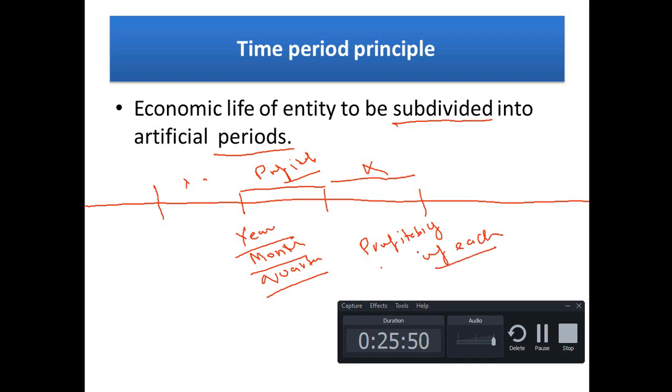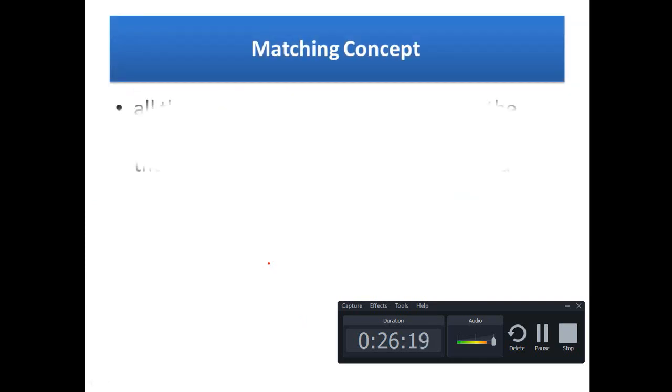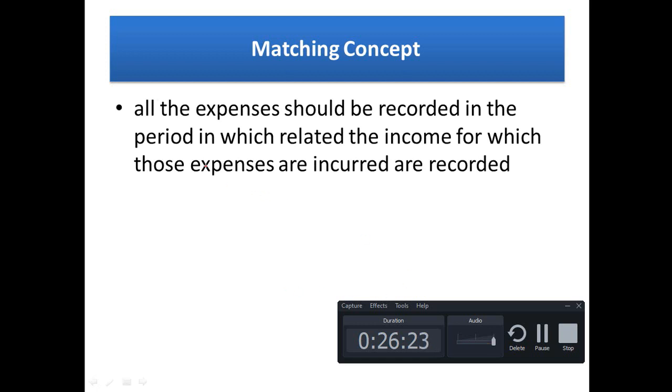Since the life of the business is subdivided into periods, an owner has to measure the profitability of each period. It is only possible if you record the income and expense of that period properly. Here is the need for another accounting principle, which is called the matching concept, which states that all the expenses should be recorded in the period in which the related income for which those expenses are incurred is recorded.